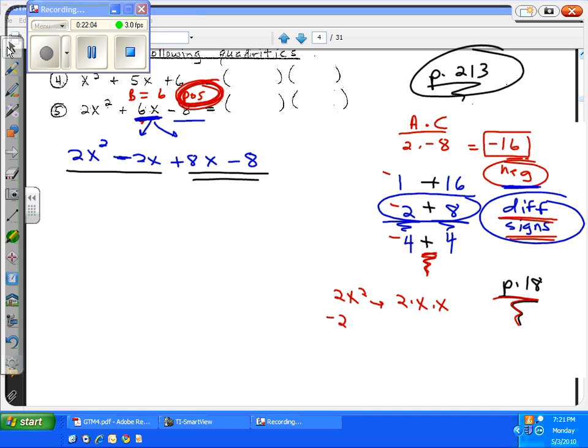If we take -2x, we're going to pull off the -1 and then have times a 2 times an x. We find the common factors, a 2 and an x. We multiply one each of the common factors, and that product is the greatest common factor, which is what we pull out.